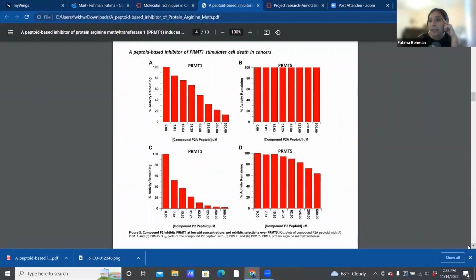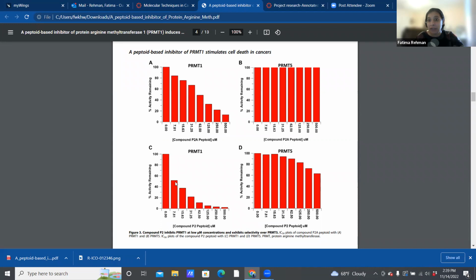So IC50 is typically when the reaction or the cells are dying at 50%, like it's inhibiting it by 50%. So if we do that for P2A, that value comes out to be about 62.5 micromolar. But if we do that for our P2, that value is only 7.8, right?